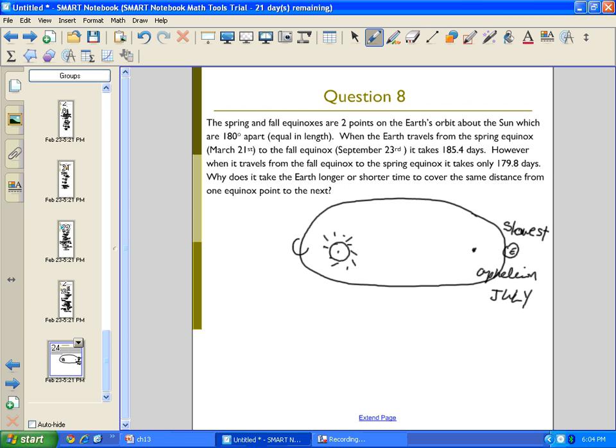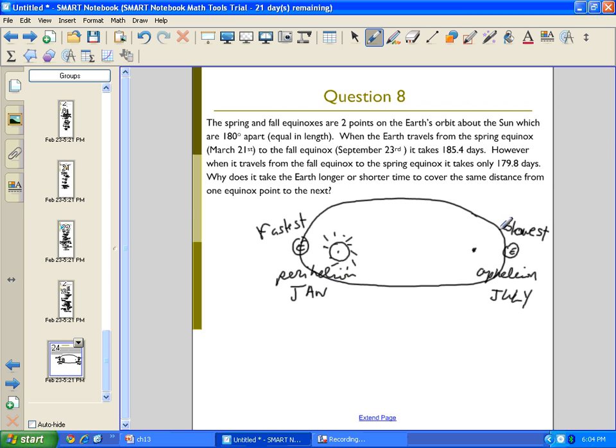When the Earth gets here, what they're saying is the distance from here to here is the same distance as from here to here. The distance hasn't changed. However, when the Earth is at perihelion, let's write this down, the Earth is the fastest in its journey. And that's the month of January.